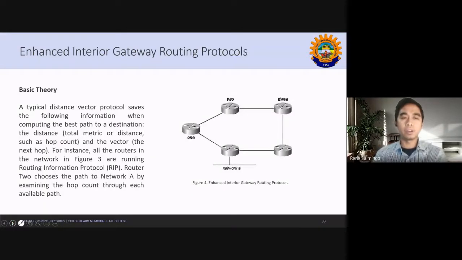What is the basic theory of Enhanced Interior Gateway Routing Protocol? A typical distance vector protocol saves the following information when computing the best path to the destination: the distance, the total metric, such as hop count, and the vector of the next hop.